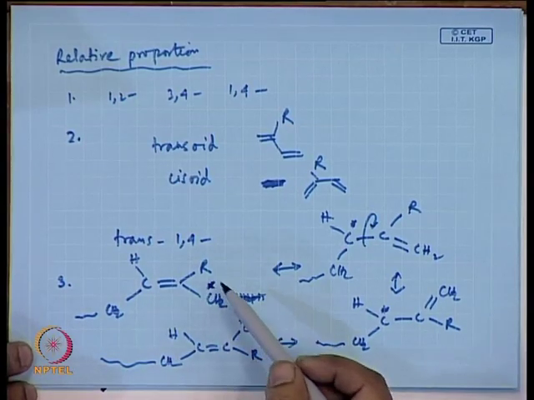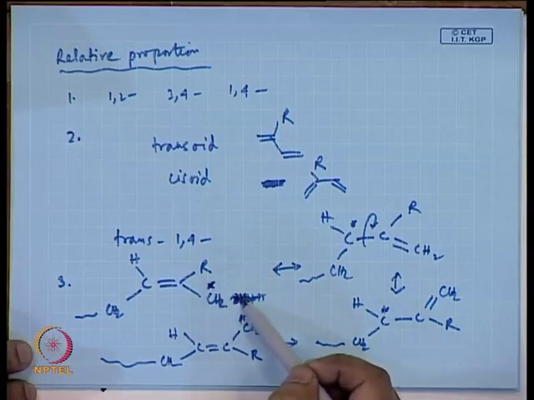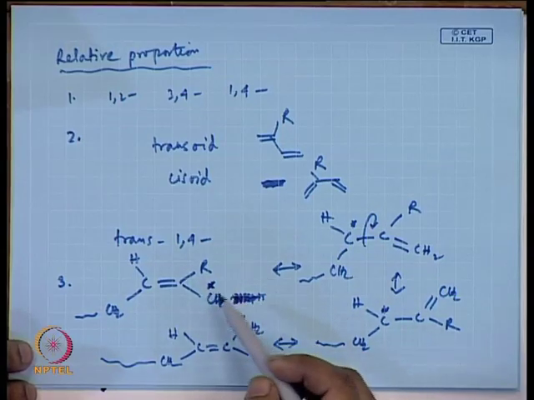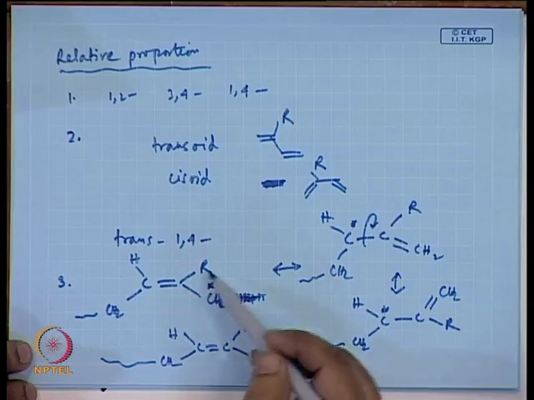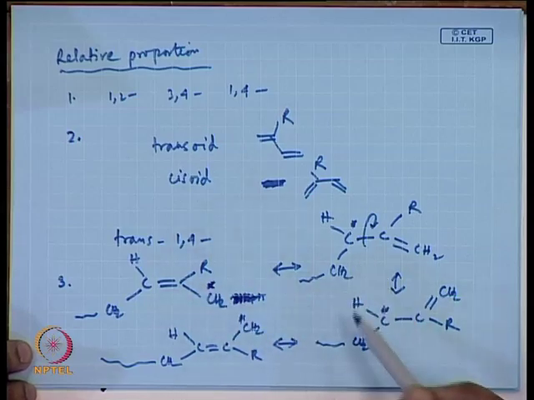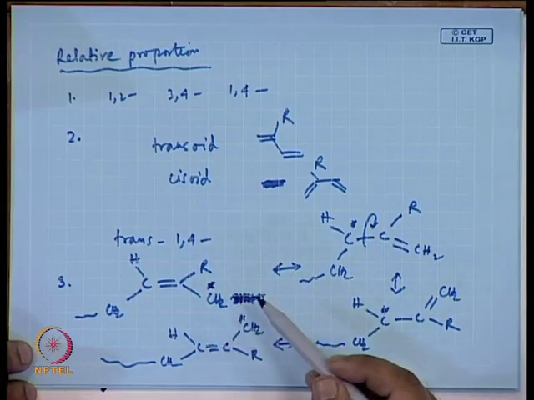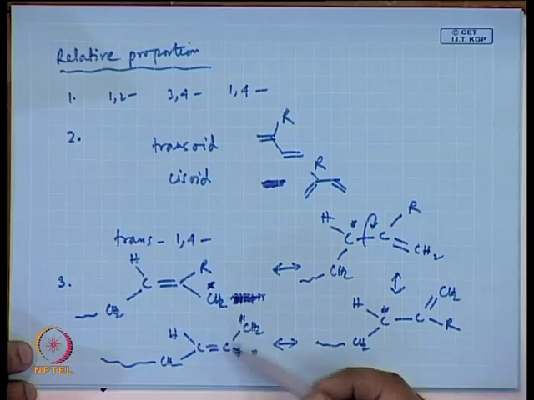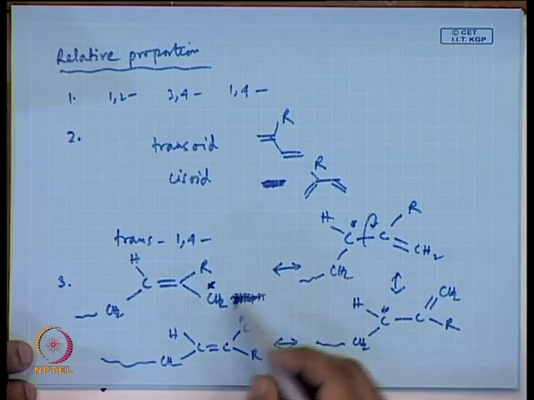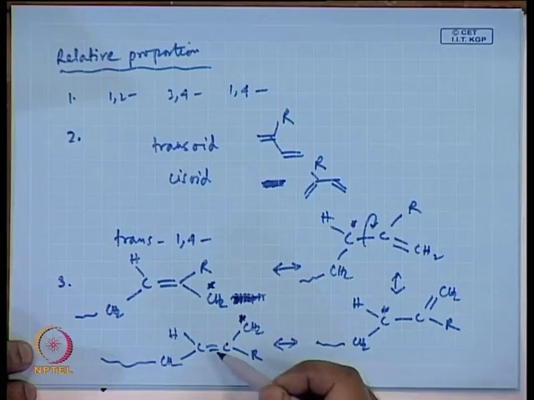So, basically you can have one chain end with one active center, and because of resonating structures, it can actually form another geometry around the double bond.